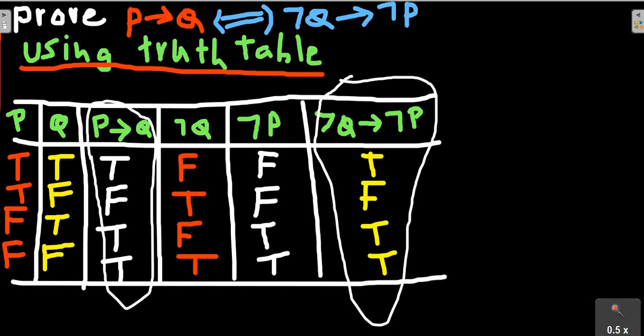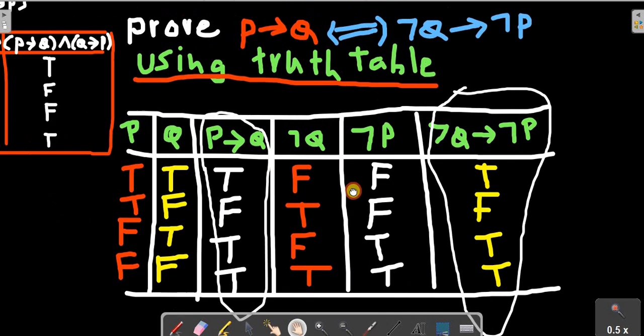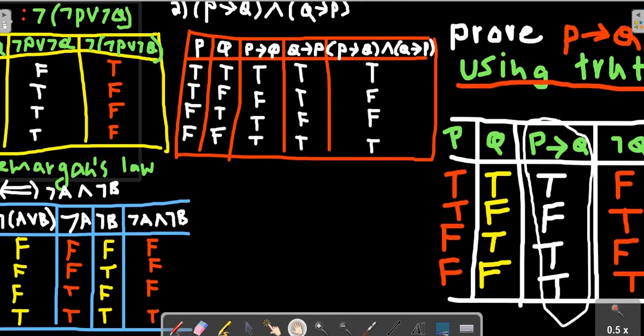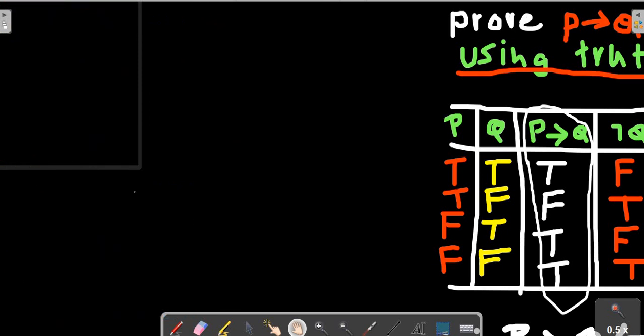By equivalence formula, it is possible to prove this. Now look at this. Now we have to prove that. So now we will prove this by equivalence formula.